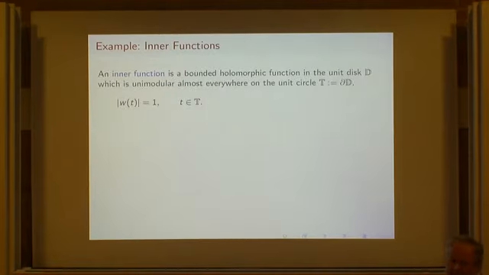This can be seen best when we consider a very simple nonlinear Riemann-Hilbert problem, where we are looking for all holomorphic and at the moment continuous functions in the disk which have modulus 1 on the boundary.